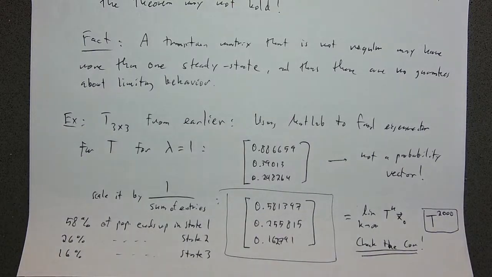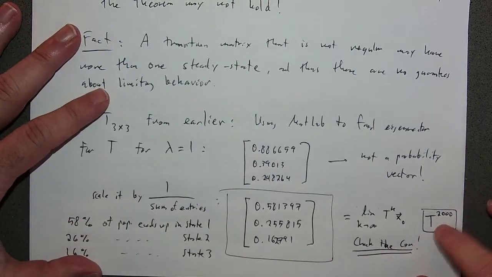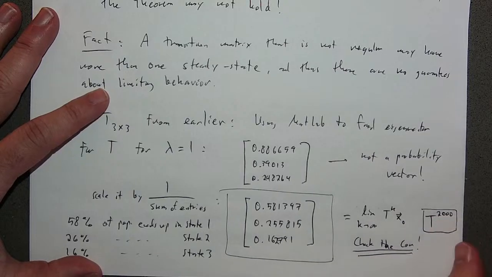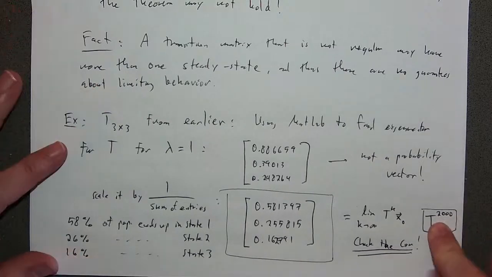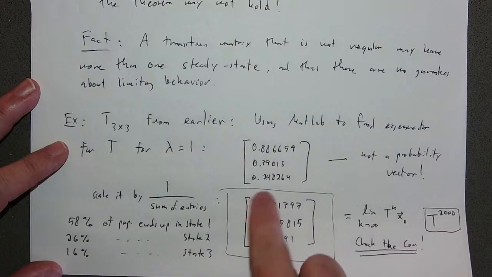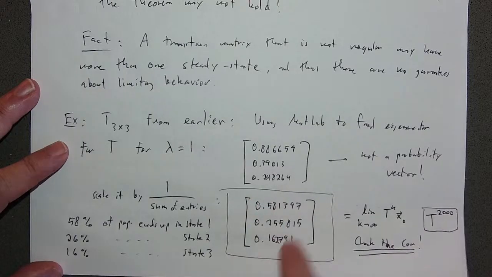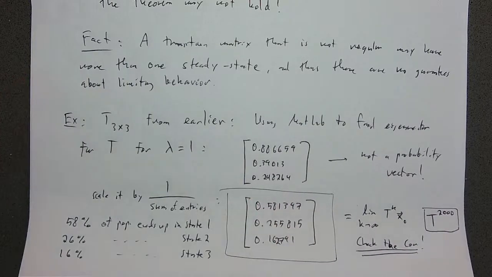All right, that's not any kind of Terminator reference or anything. Check this T to the 2000th power. What should this look like? It should be a 3 by 3 matrix, all of whose columns look like this. Okay. That's what should be happening there.